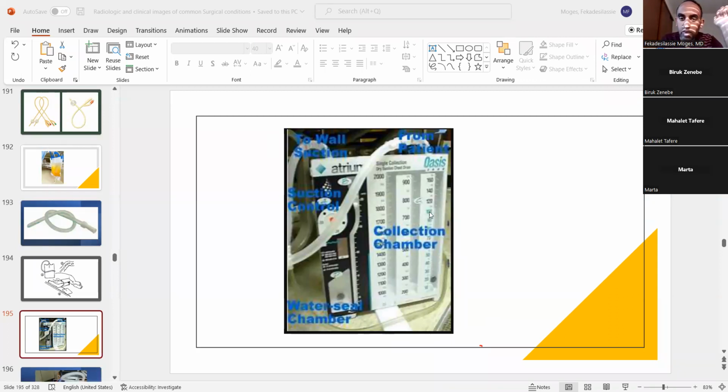So you can see the numbers here. It starts from 10, 20, 30, whatever. So this is attached to the actual chest tube, which is inserted into the pleural cavity. It drains the gas, it drains the blood, pus, whatever. So it comes into this chamber. When this chamber fills, it will go this way, right?